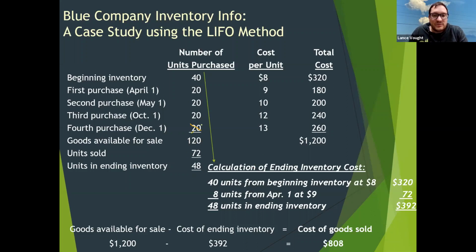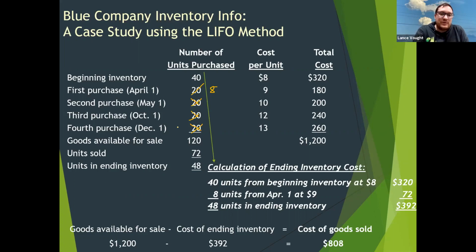We're going to assume these ones are sold. We have 52 left. These ones are sold. We have 32 left. These ones are sold. We have 12 left. These ones are sold, and then we only have 8 left over after we sell 12 of them. So last in, first out means the newest stuff is sold. The oldest stuff counts as the cost. First in, first out means that the oldest is sold first, so the newest counts towards the cost.